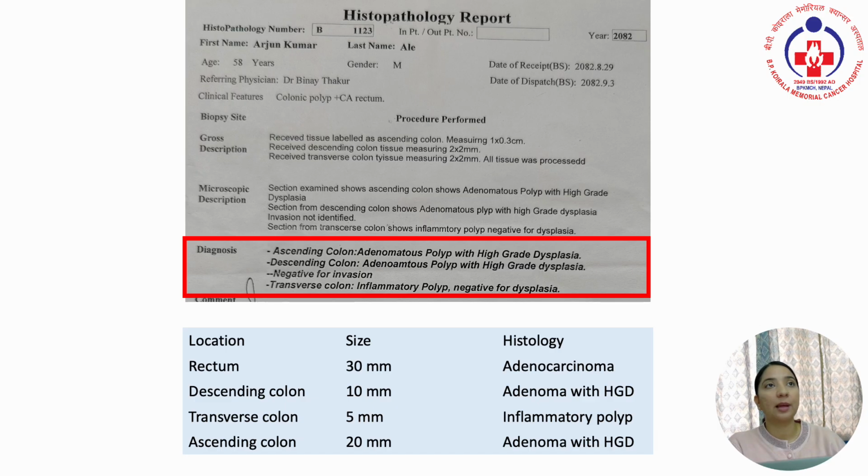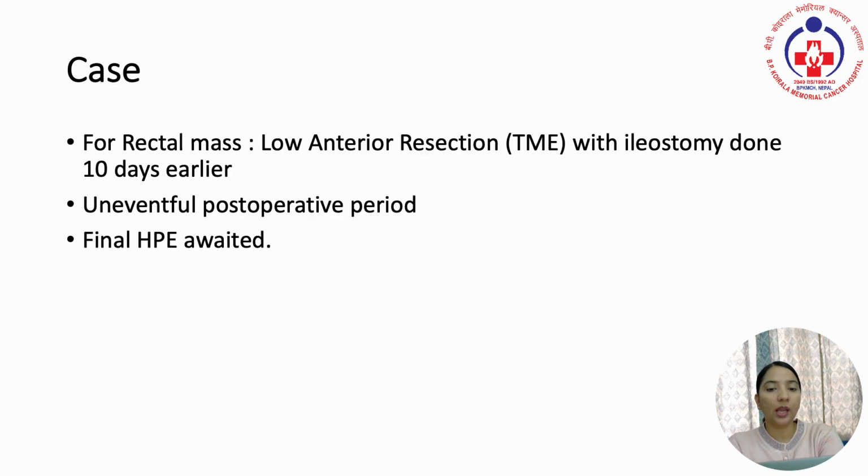The previous rectal biopsy of the 40 mm lesion showed adenocarcinoma. After the polypectomy of the 3 polyps, we performed low anterior resection with ileostomy 10 days earlier for the rectal mass. His post-operative period was uneventful, his final histopathology report is awaited, and we plan to send for IHC after the final histopathology report.